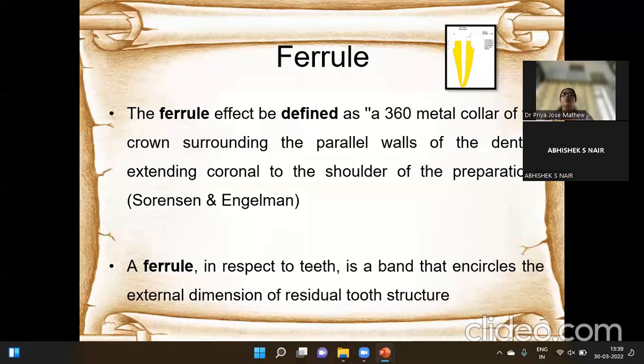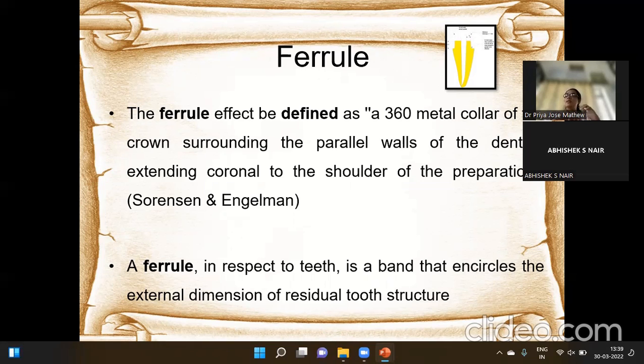Now, first one, what is a ferrule? In order to give a proper crown for a tooth, a 360-degree collar of tooth surface has to be present. So whenever we give a crown, we should make sure that there is proper sound tooth structure present in the tooth. So in the first picture, if you remember, the tooth margin we cannot see at the buccal area.